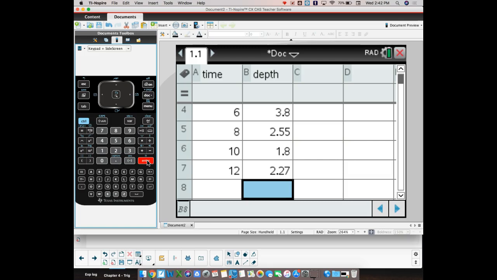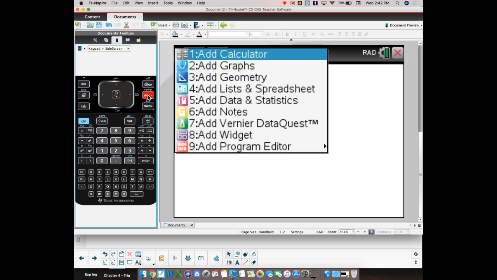All right? Good? Now, refresh my memory. How to make a scatter plot. Menu, not yet. Do I have to make a new page first? Data and statistics.